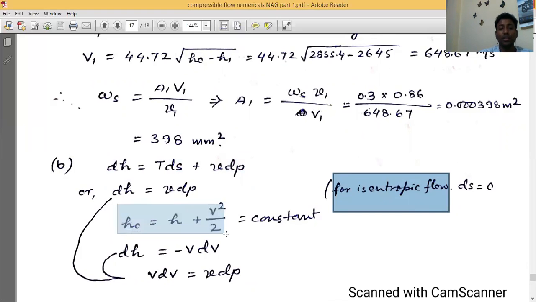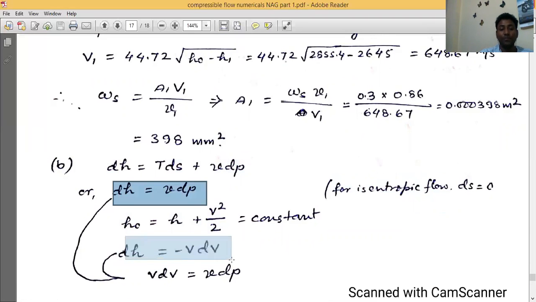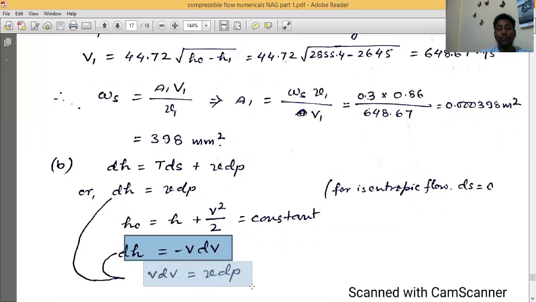Also for the stagnation flow, we know that h0 is h plus v squared over 2. Here h0 remains constant while h and v are varying. So we can differentiate it, and we get dh plus v dv equal to zero. Here we have dh equal to v dp, and so by using these two relations, we get a relationship between pressure and volume.